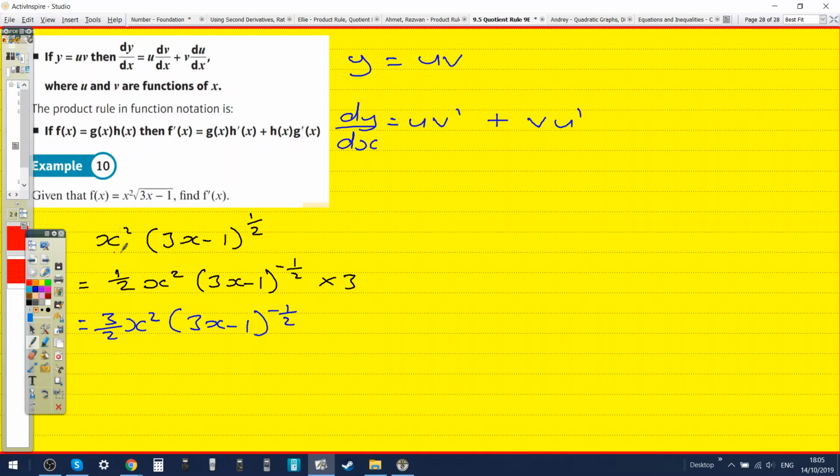So you did x squared times the derivative of the second function, and that's what you have here so far. And you now do, well, let's say the derivative of the first times the second.